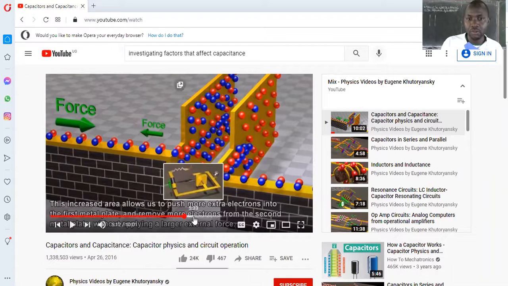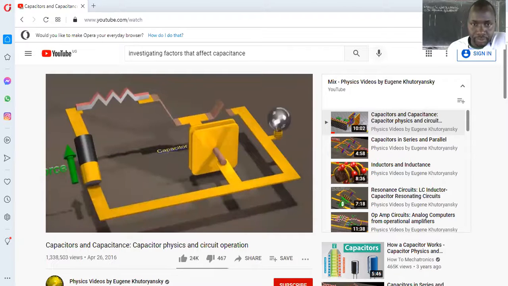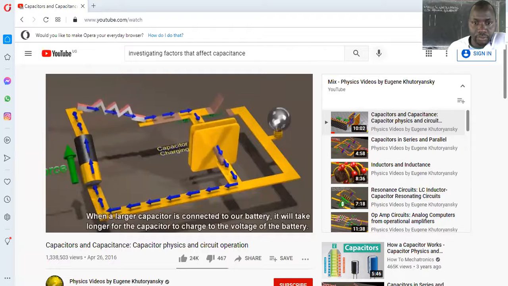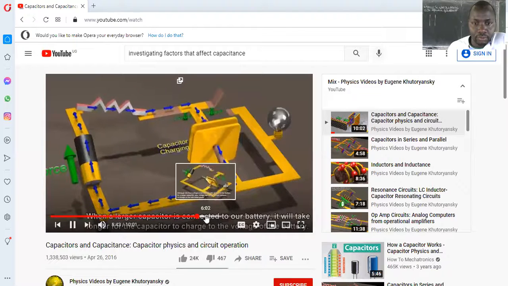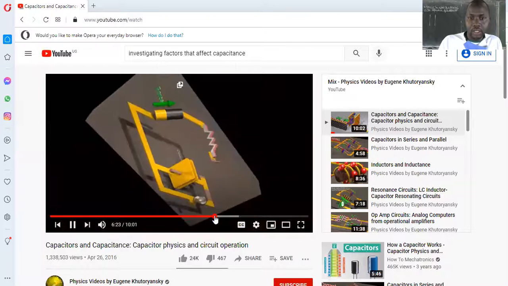My interest is in inserting a dielectric, so let's move up to that point. Let's look at this point. It is the one I'm interested in.